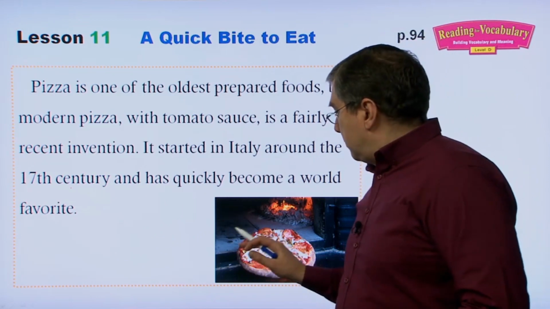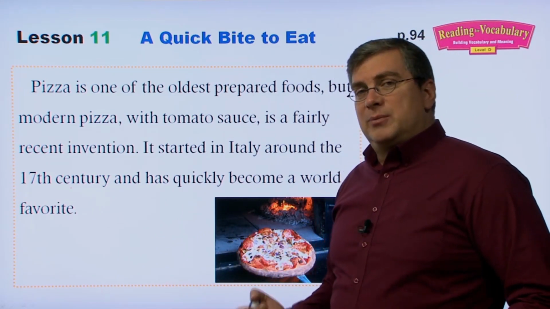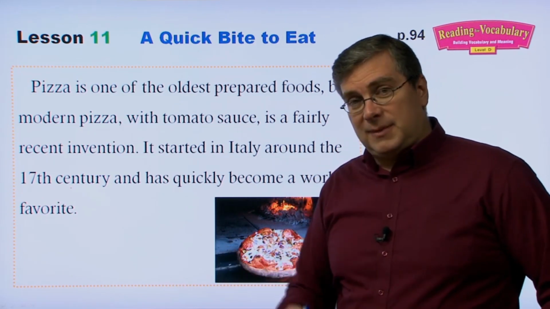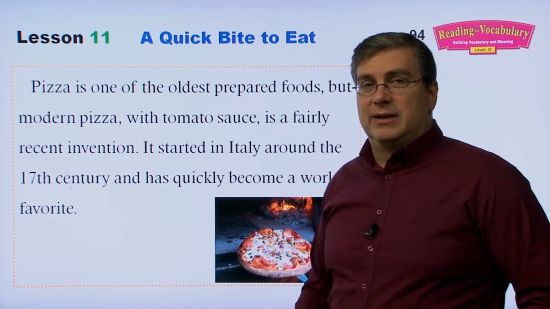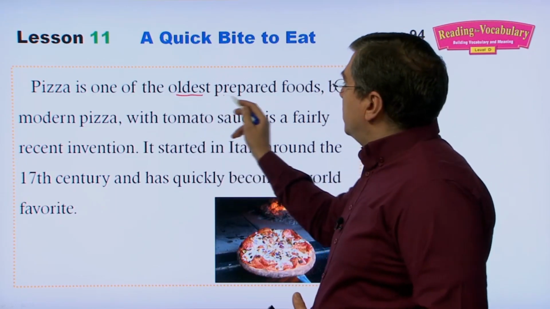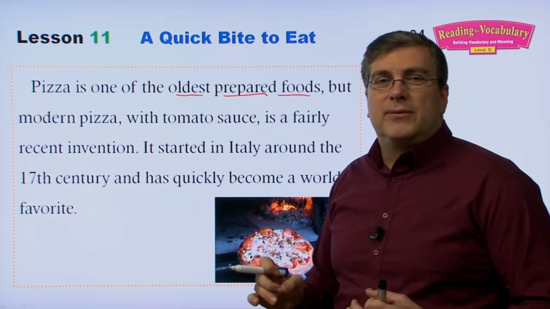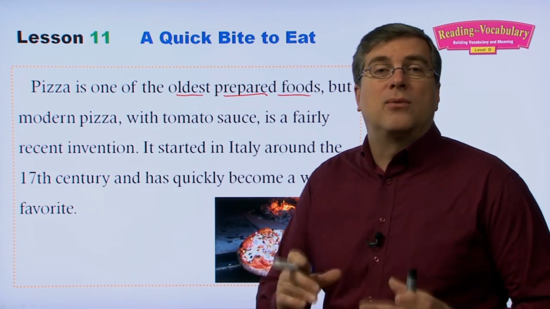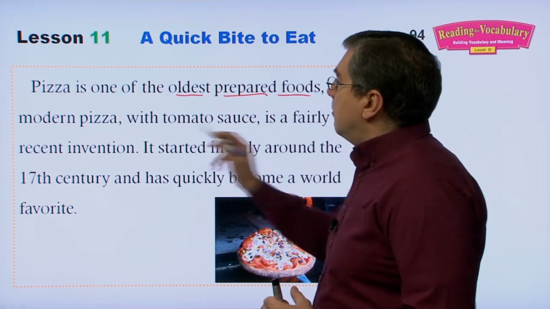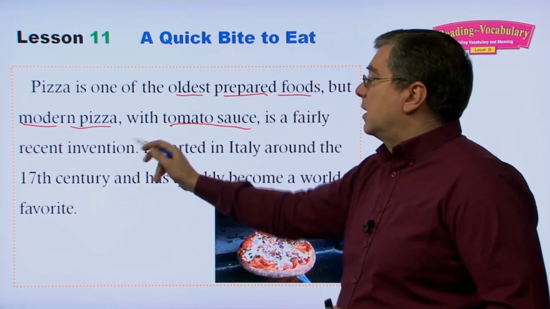So we're looking at pizza here, and we think pizza is a fast food nowadays because it has been prepared beforehand in many cases, and then they can send it to us, or they can cook it really quickly. But it's one of the oldest prepared foods. In other words, a prepared food is a food that has been prepared beforehand, right? But modern pizza with tomato sauce is fairly recent.